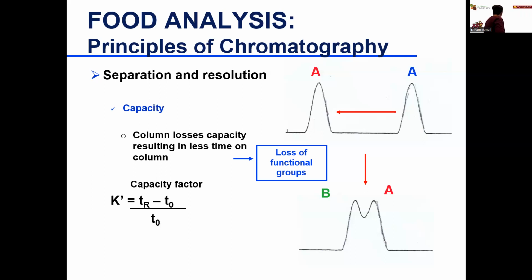So sometimes you go, like you learned in GC, there are the packed columns that are no longer used in GC, and then you have the capillary column where you have a really very thin stationary phase. So with that, you have a very short analytical run because your compounds don't have a lot of interaction time with the column because you have a very thin stationary phase. So you have a very short analytical time, and then you get really sharp peaks.